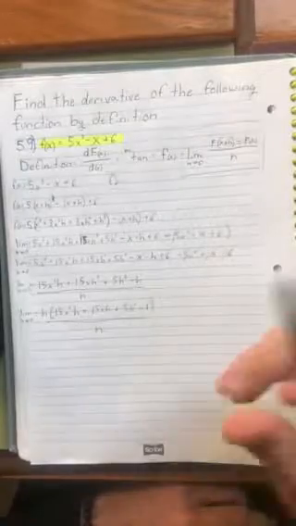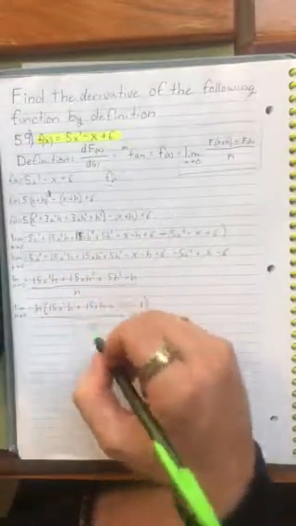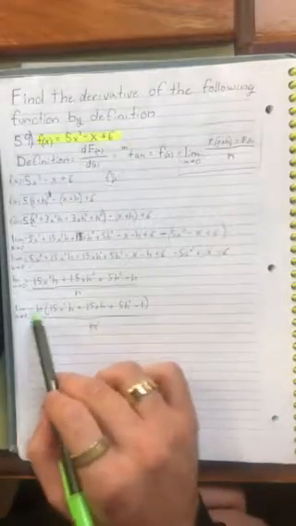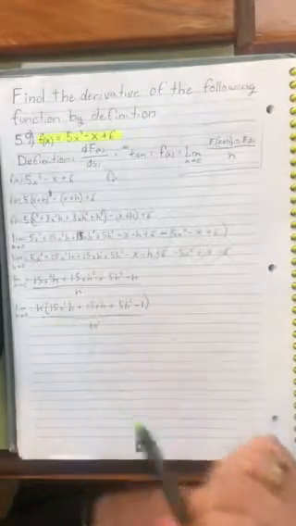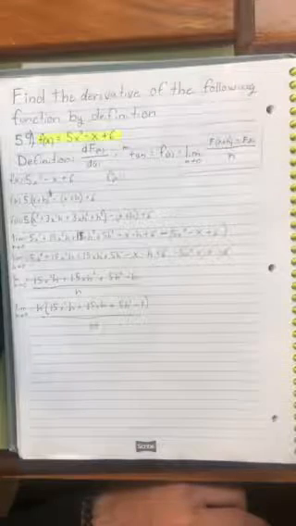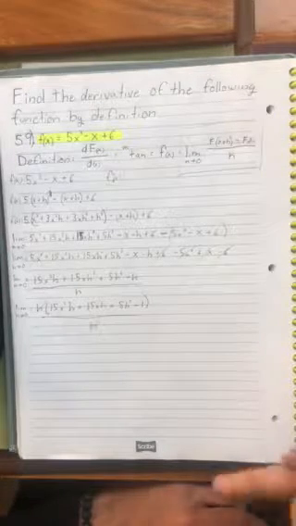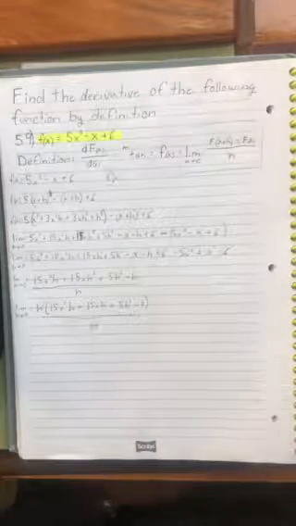So now we are going to cross out both h's, the one on the top and the one on the bottom. This one is the one that we took out.